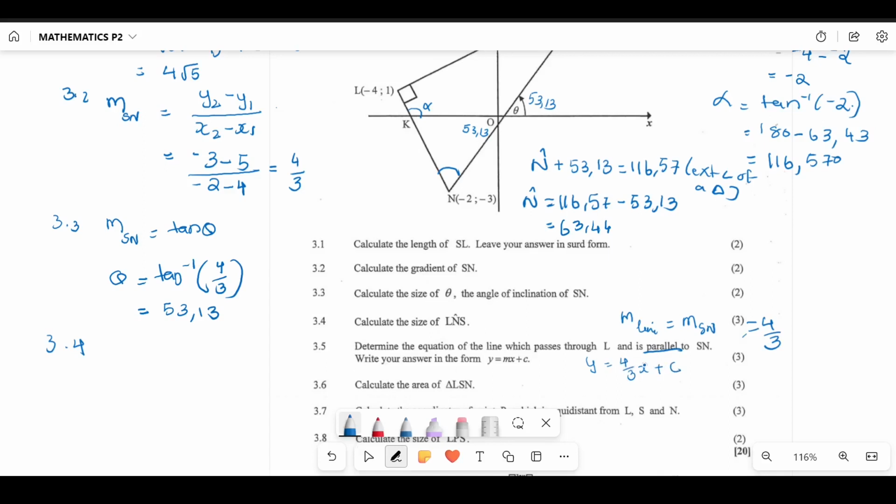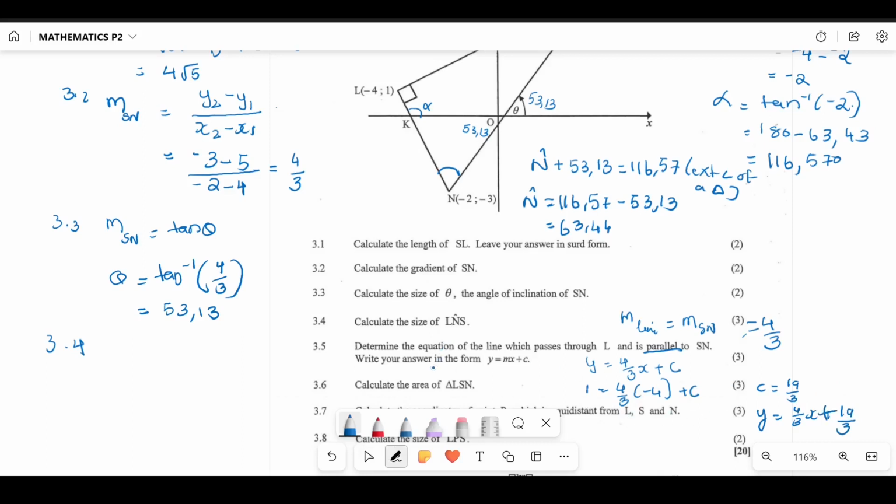Now we need one point on the line to substitute to get the value of c, and that is only point L, which is negative 4, 1. So let's substitute negative 4, 1. So y is 1 and x is negative 4, plus c. When you simplify, you get c equal to 19 over 3. So the equation of the line parallel to SN will be y equals 4 over 3 x plus 19 over 3. That is the equation of the line.